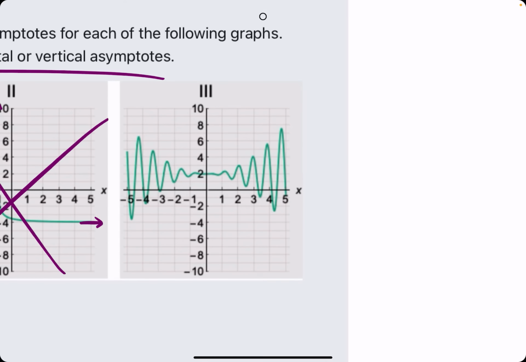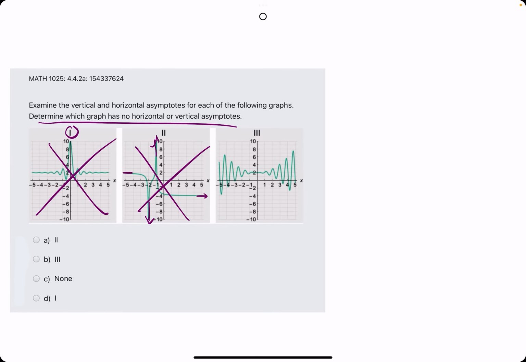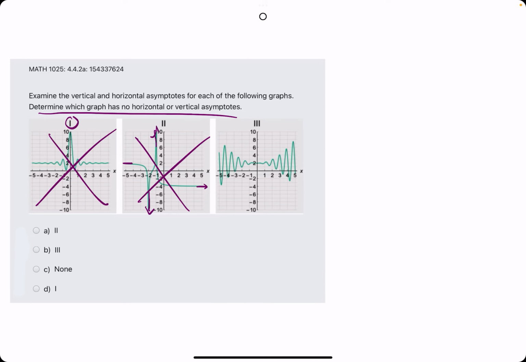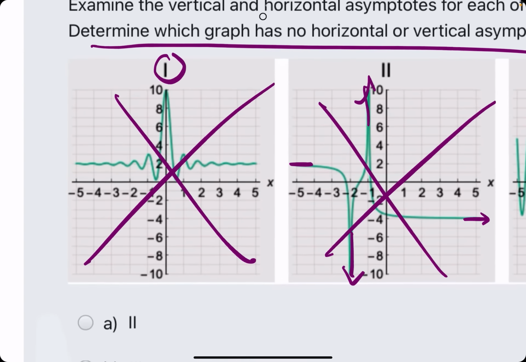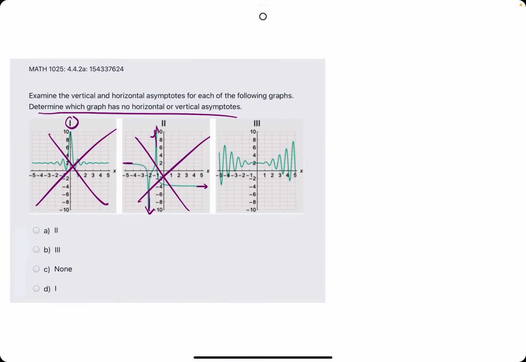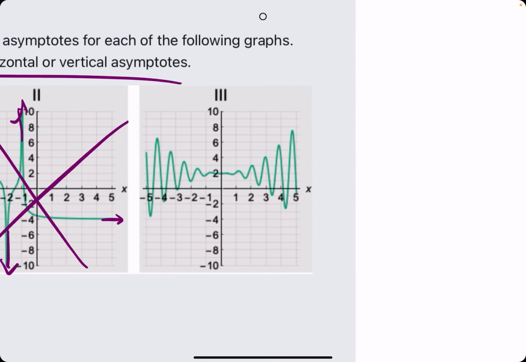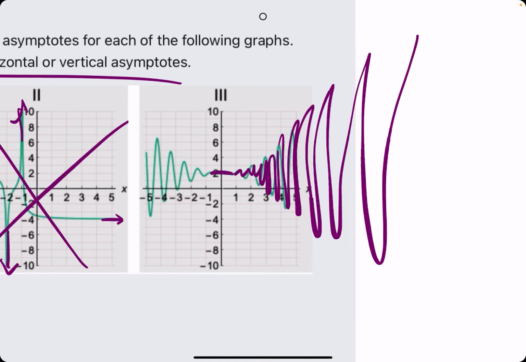Number 3, it does have this oscillating pattern, but it's oscillating sort of in the opposite way that number 1 was oscillating, right? Number 1 started very wide open, and then it narrowed out, it leveled out as it went left and right. In this case, it starts very flat, but then as it works its way outward, it's getting wider and wider and doing something crazy like that.